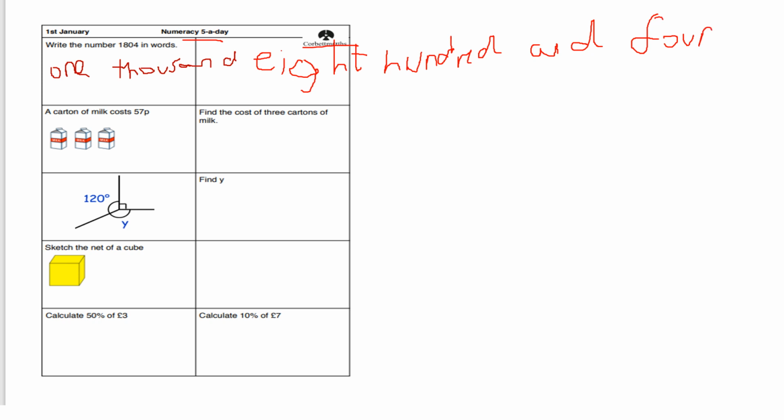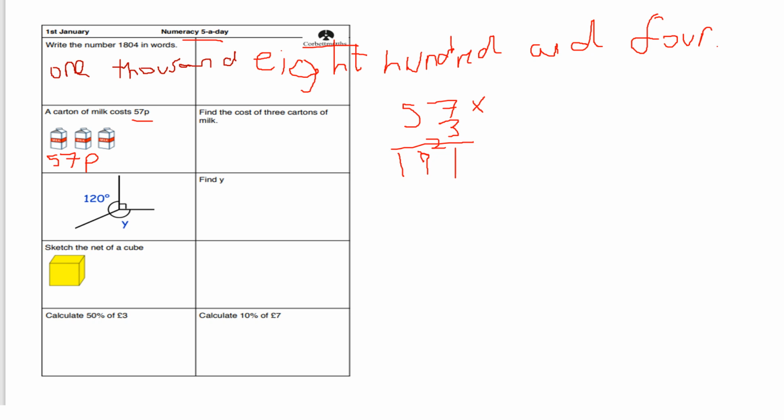For question number 2, a carton of milk costs 57 pence. So one carton costs 57 pence. Find the cost of 3 cartons. Well, I can do it as 57 plus 57 plus 57, or I can do 57 times 3. So 7 times 3 is 21, so 1 carry the 2. 3 times 5 is 15, plus the 2 goes to 17.